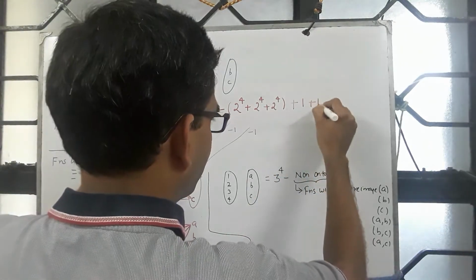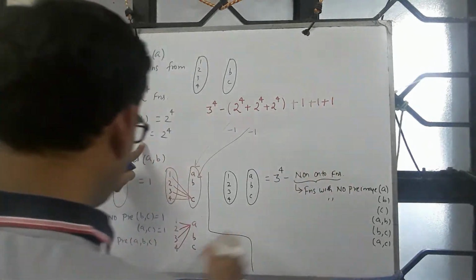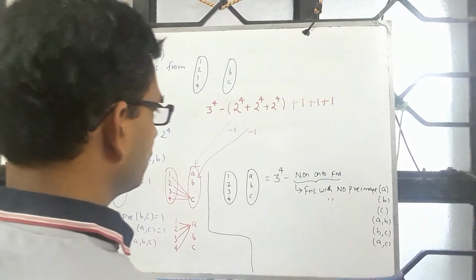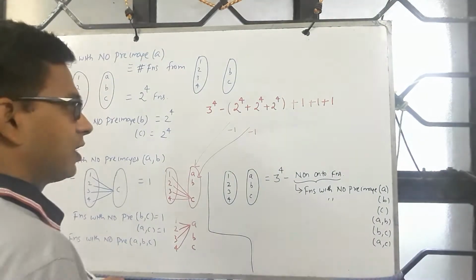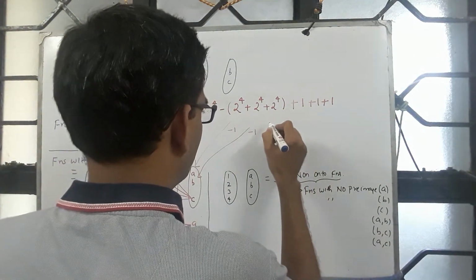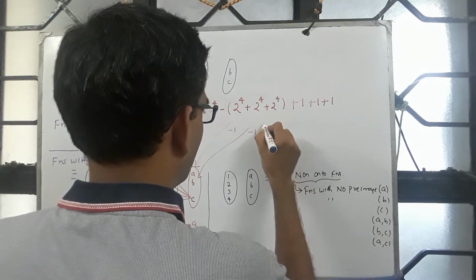So we should add back again. Similarly, we should add back with respect to AC. That shows that the total number of onto functions is precisely this.